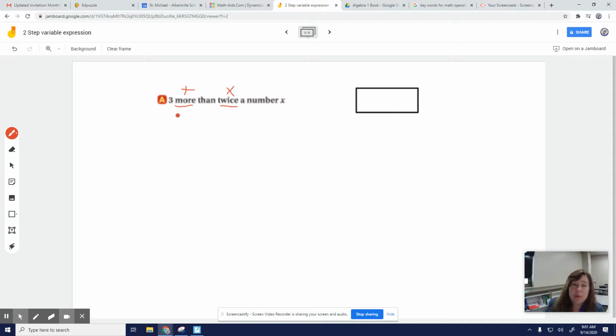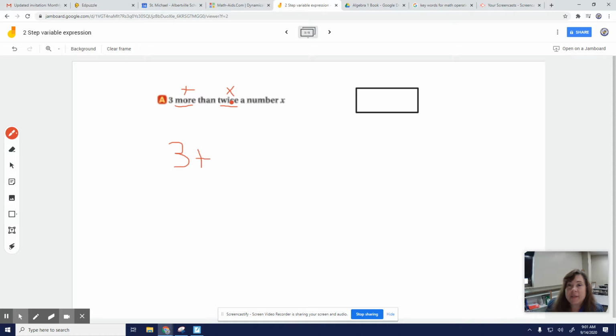So then you're going to read through 3 more than twice a number x. So if I have 3 more, I'm adding 3, right? Because it says 3 more. Then, let's take a look here. Twice a number, and that number is x.